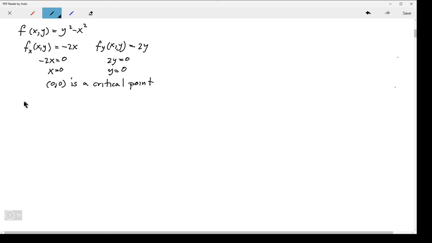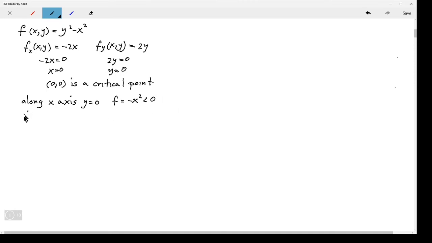If I look along the x-axis, that's where y is equal to 0. Then I have negative x squared, so f is negative x squared, which is always less than 0. That's true for all x.